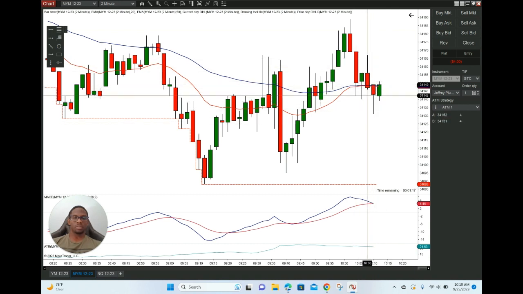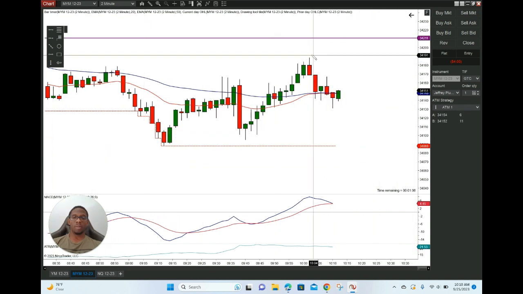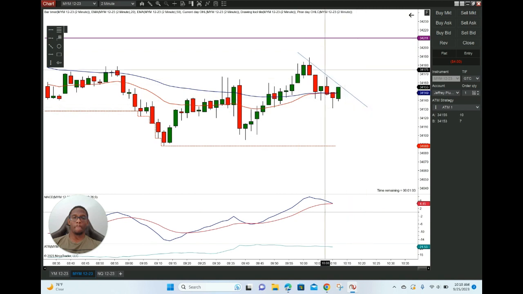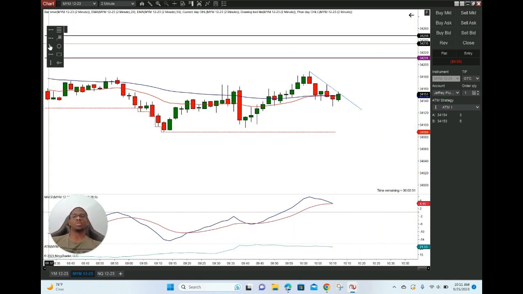I actually made a pin bar that possibly can show more rejection, but let's see. Let's see if we're gonna see what's gonna burst through.